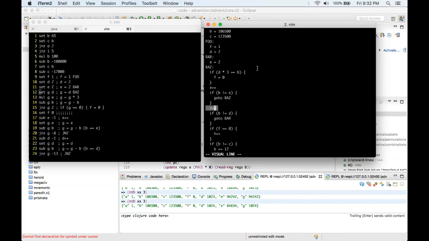Okay, and then this outer one, this is incrementing D until it's equal to B. And then it goes back up here, it resets E to this thing. Okay. Huh.